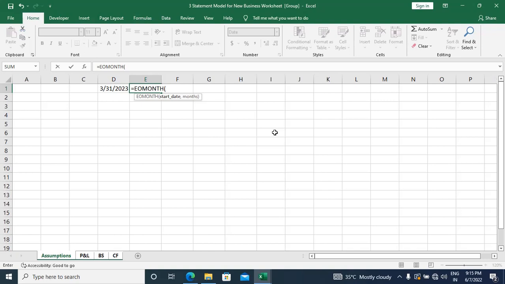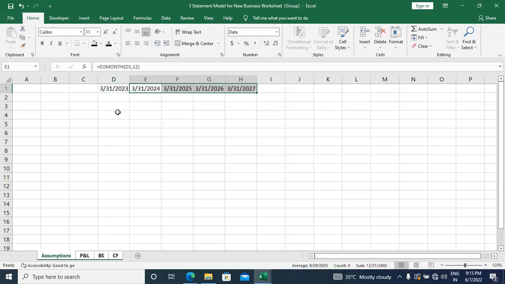I'm showing it to you once again: press equal to, type EOM, end of month, press tab, starting date, comma, number of months is going to be 12. So after 12 months from today's date, what is going to be the next date? It is going to be March 31st 2024. So we have 2 years dates now, 3, 4, 5, Control R.